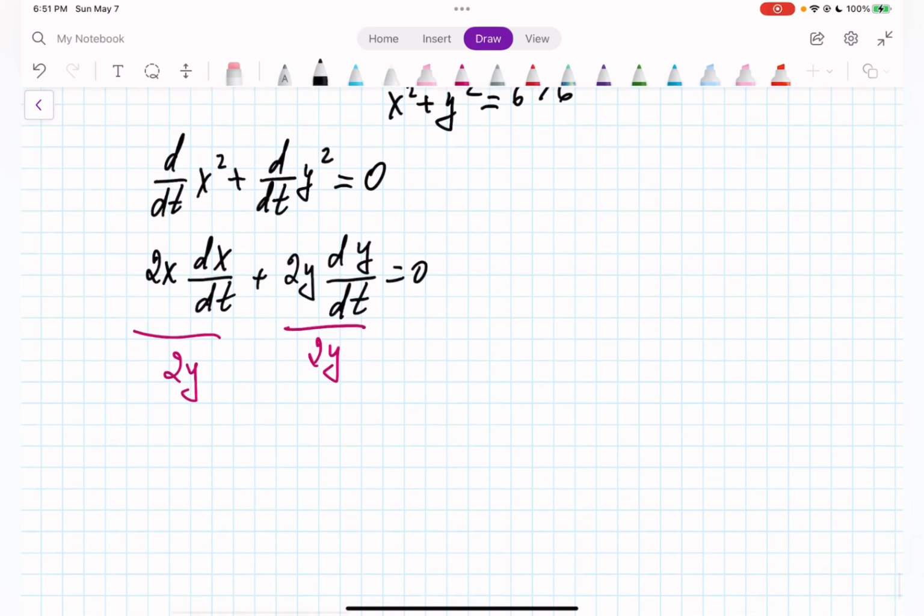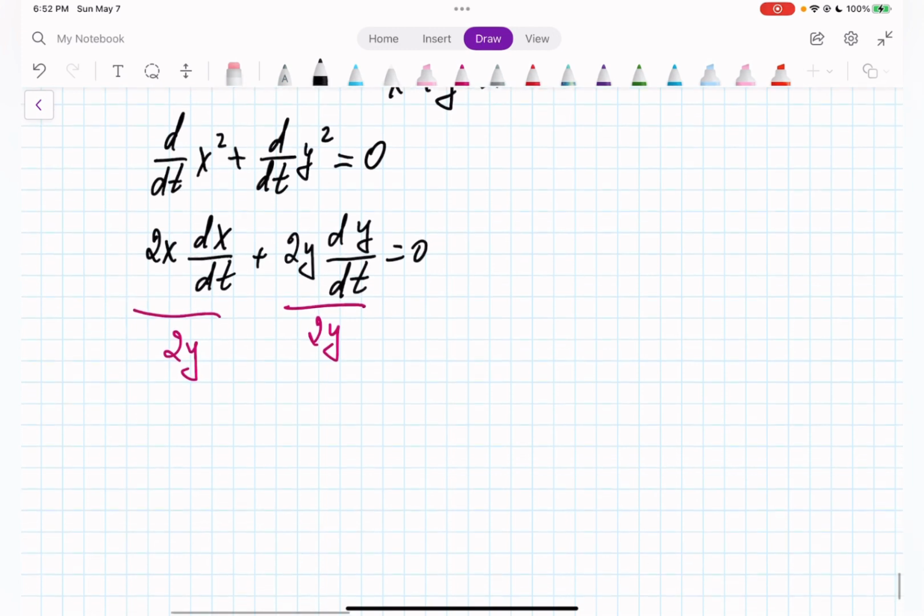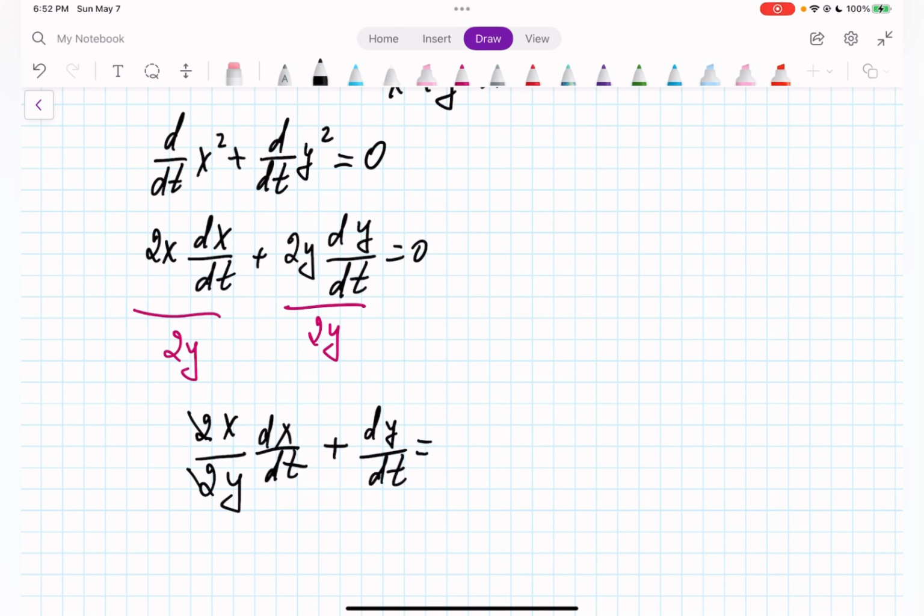That is going to be equal to 2x by 2y times dx by dt, where the 2 and 2 will cancel, plus 2y over 2y is gone, times dy by dt equals 0.